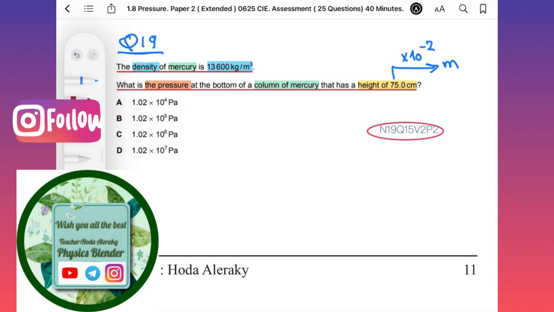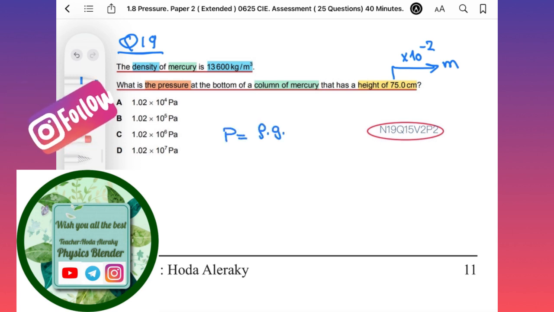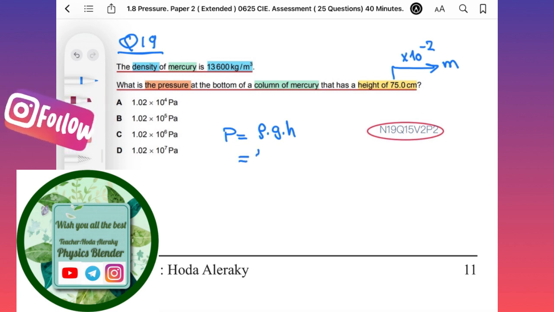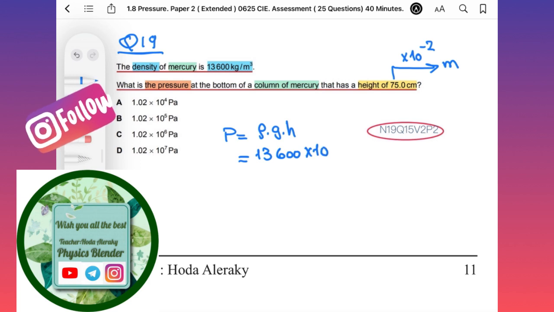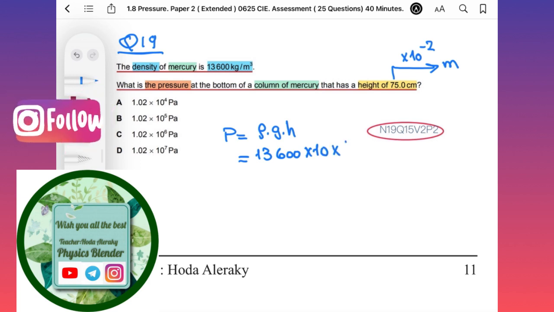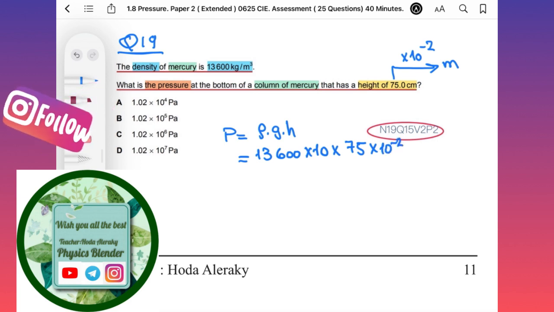You have to substitute and apply pressure due to liquid is equal to rho GH. When you substitute density, check you have consistent units, times 10, depth 75, times 10 to the power of negative 2.